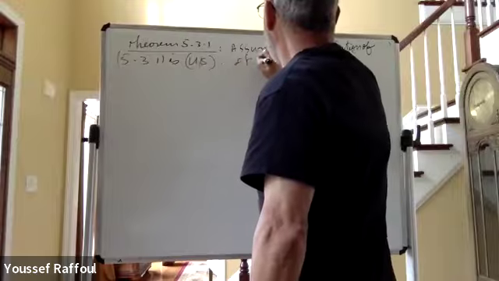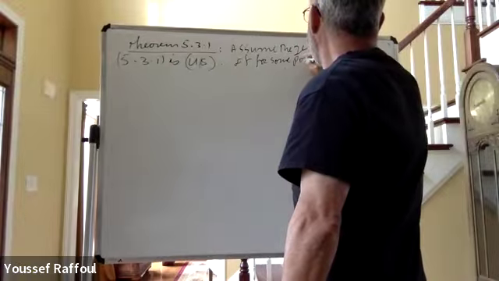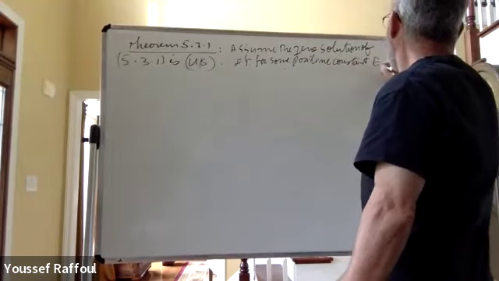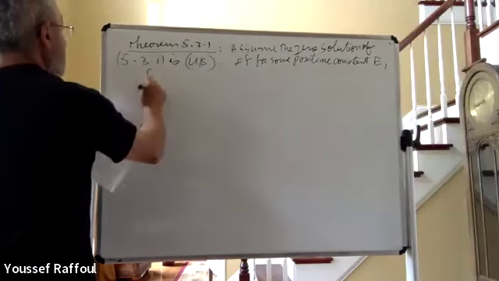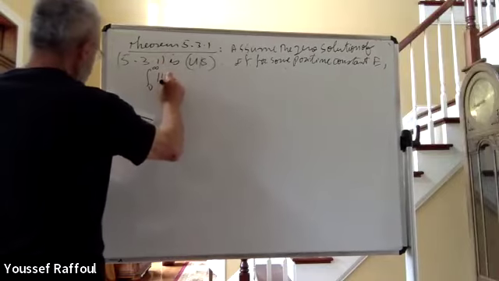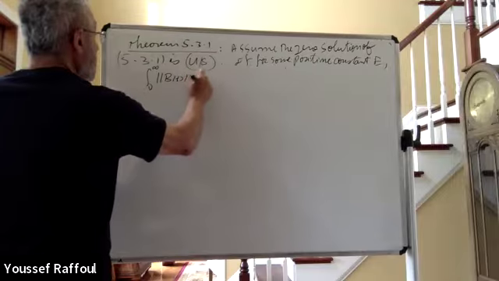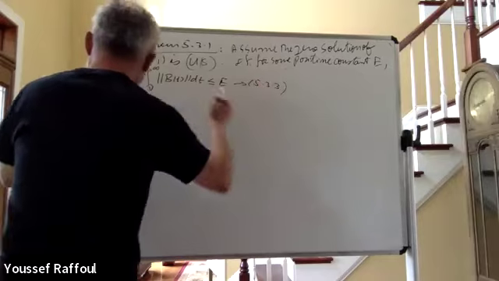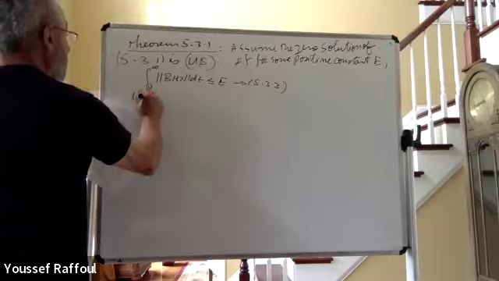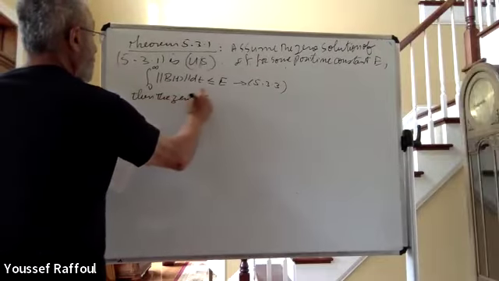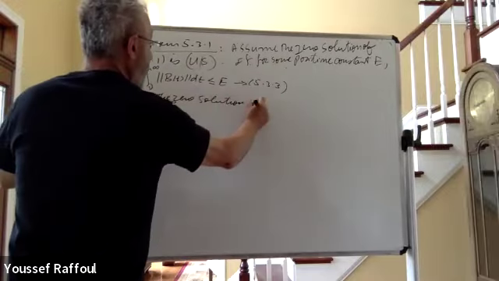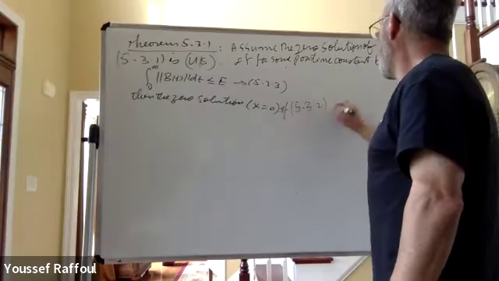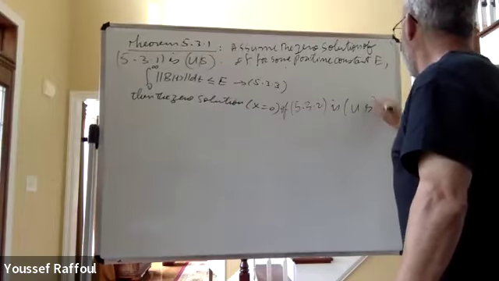If for some positive constant E, the integral from 0 to infinity of the norm of B(t) dt is less or equal to E, this is 5.3.3, then the zero solution, that means x equals 0, of 5.3.2 is uniformly stable.